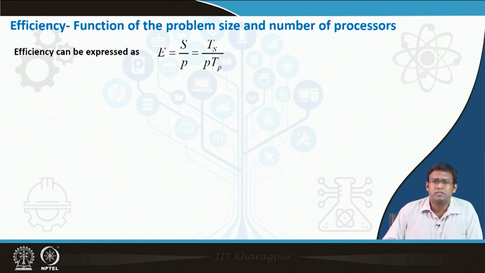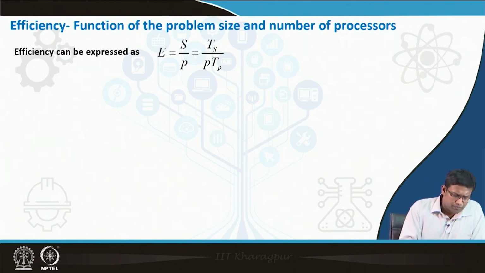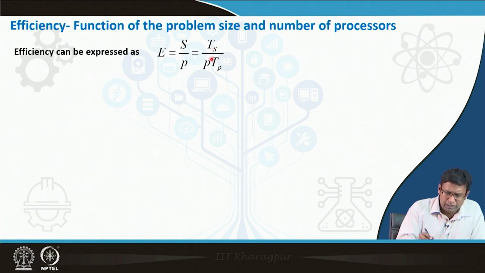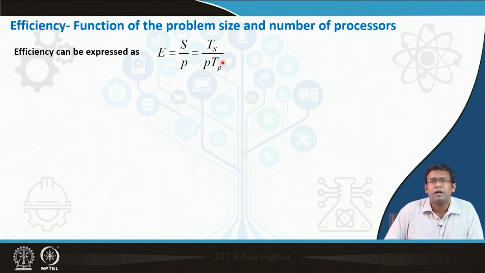So, nevertheless, speedup is equal to sequential computing time Ts divided by parallel computing time Tp, and efficiency is S by P, which is Ts by P Tp. Now, P Tp is the cost of parallel computation.